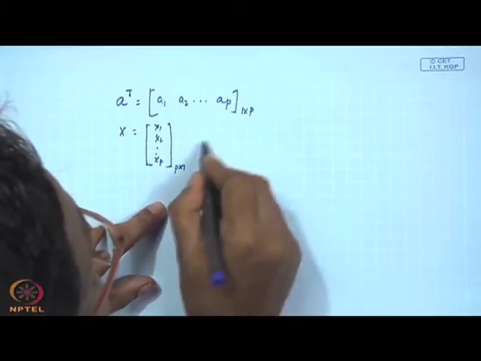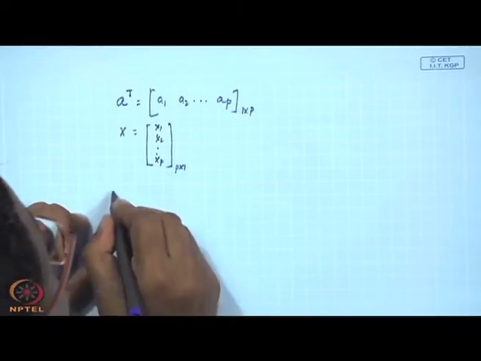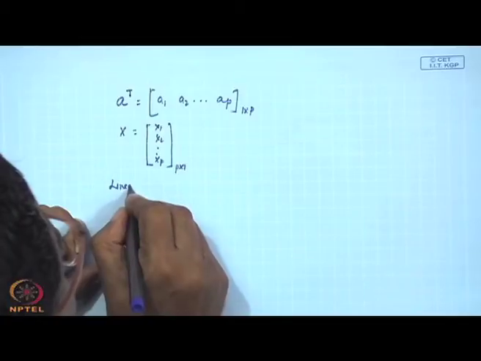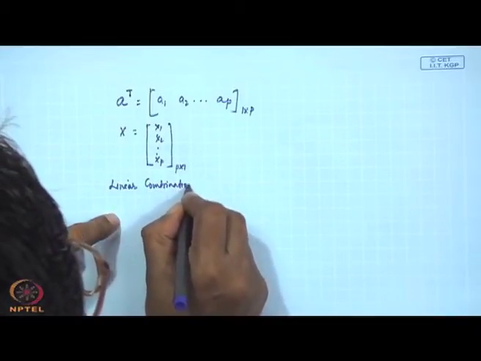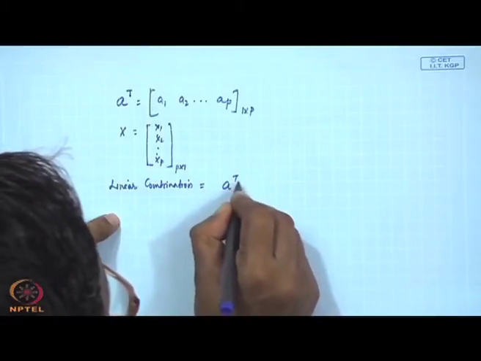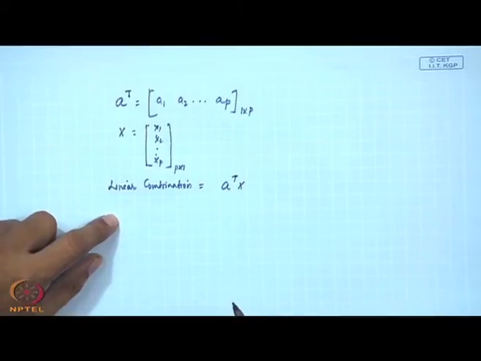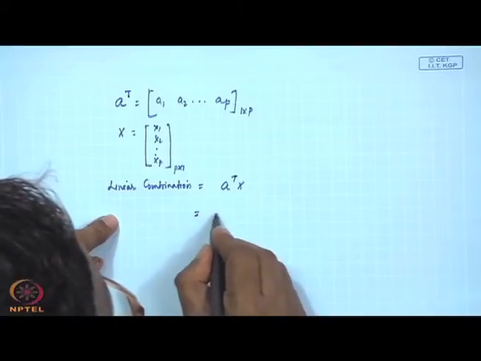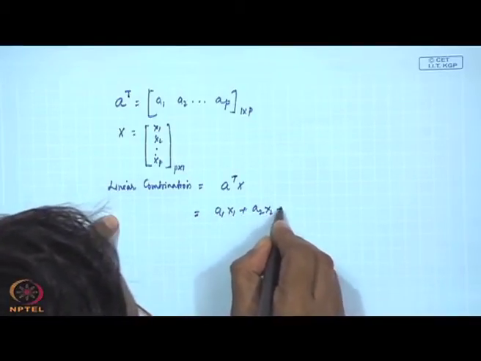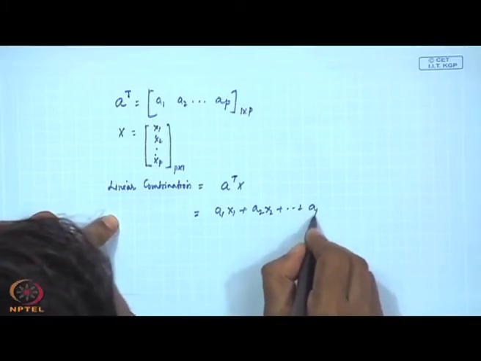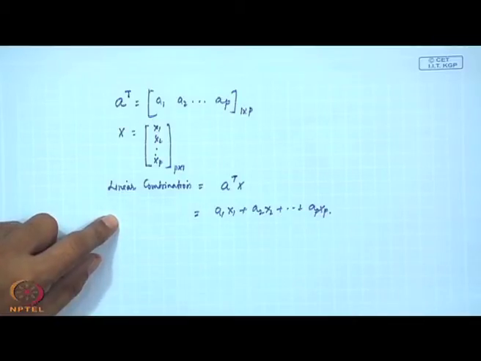So, what is the linear combination? Yes or no? Obviously, because this will give you a1 x1 plus a2 x2 up to ap xp.